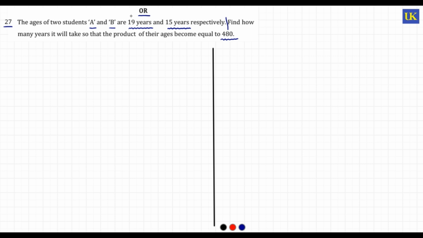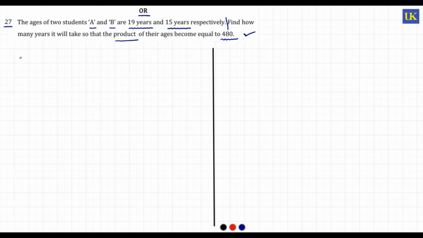So then 22 into 18, we need to get 480. So after how many years, when we take both their ages and multiply, the product will be 480. That is what they are asking.